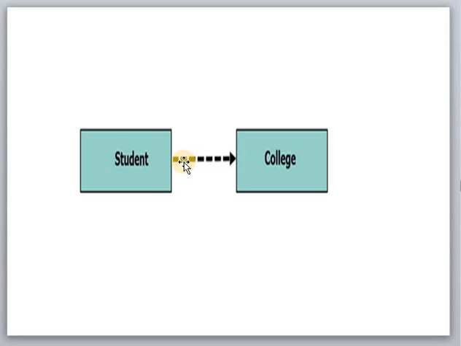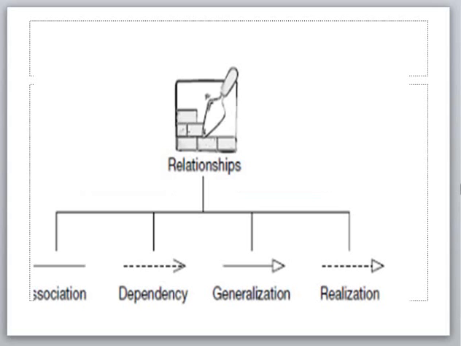It means the class student is highly dependent on the class college. A student will not be a student without the enrollment in a college. A student is logically dependent to the class which is called the college.